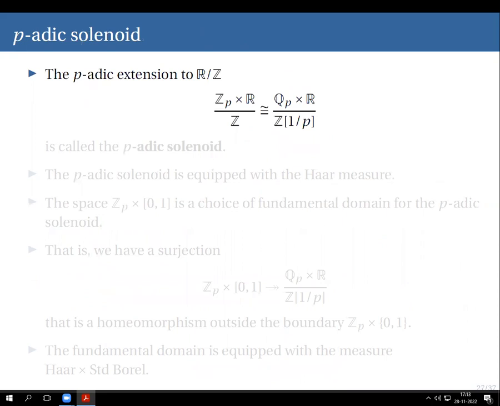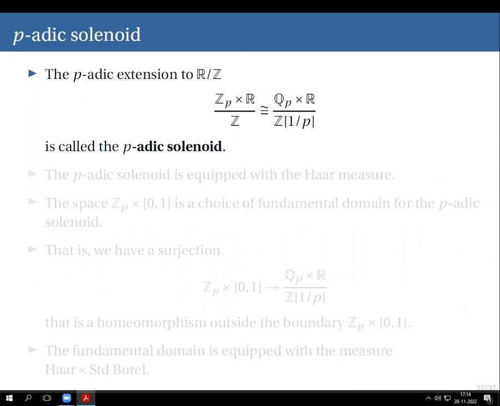So in our picture, we want to look at both the p-adic side and the real side. We want to look at the p-adic extension of [0,1], or the p-adic extension of the circle, which is Z_p cross R mod Z. This p-adic extension is called the p-adic solenoid.